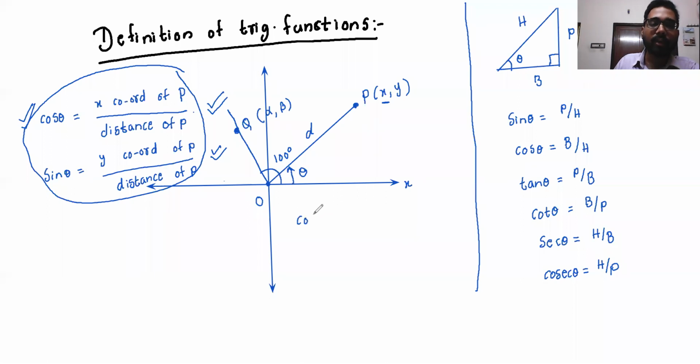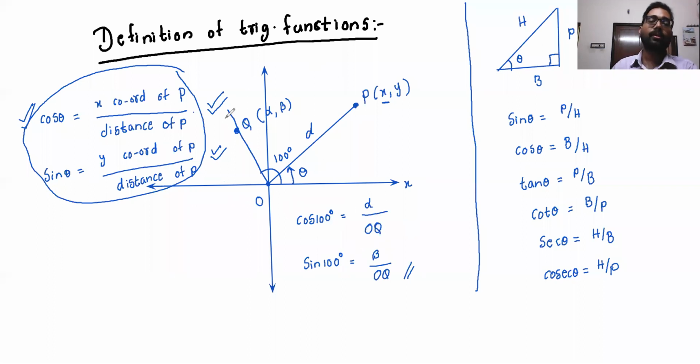So cos of 100 degrees is, by definition, alpha upon OQ, and sine 100 degrees is beta upon OQ. This is how we can easily find cos 100 and sine 100.